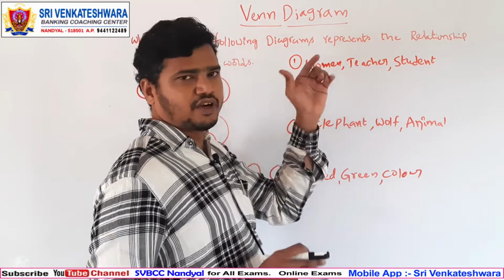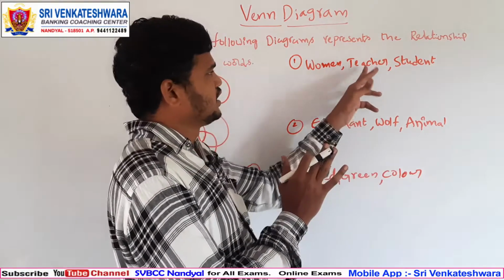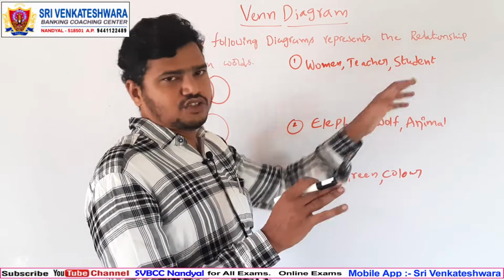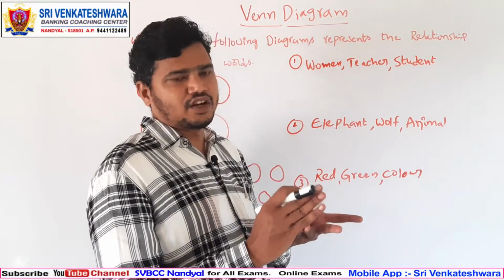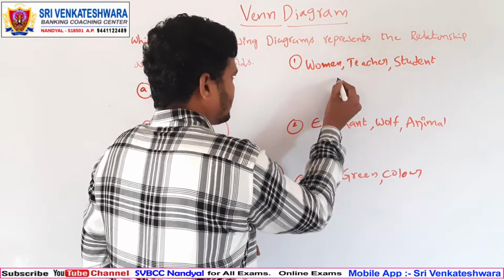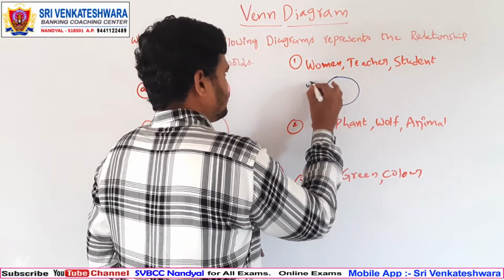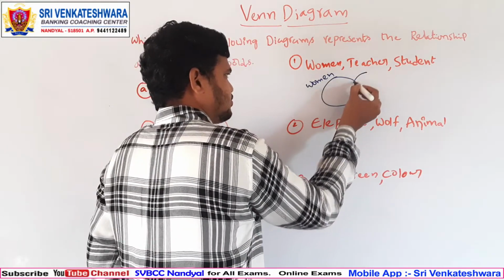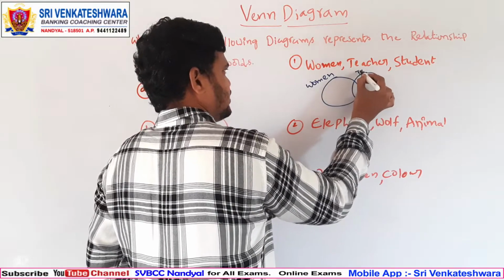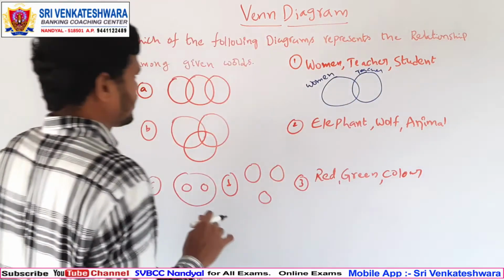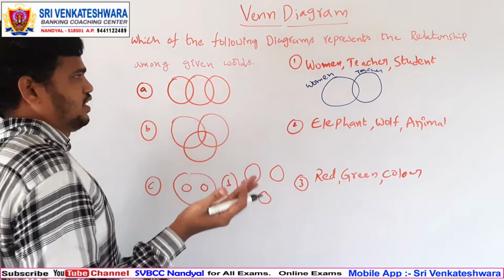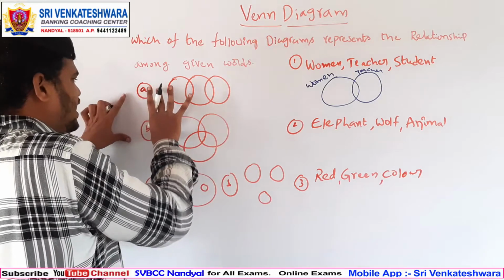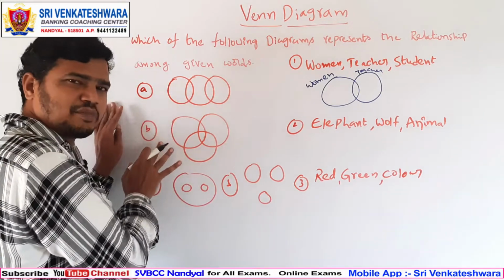Women is nothing but the separate female relationship. Teacher should be either male or female. Student also either male or female. First of all, women. Some women may be teachers. Here we can have the category of either A or B option.